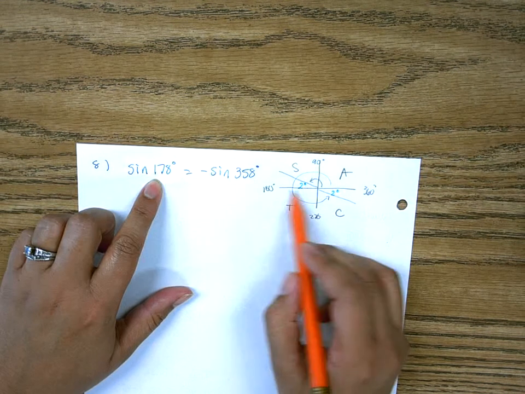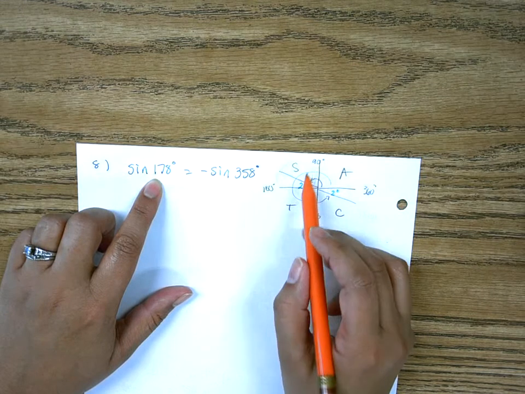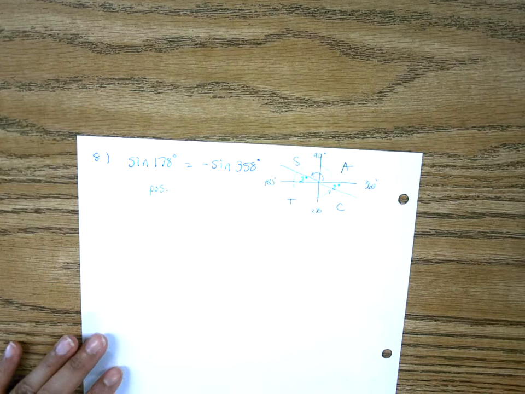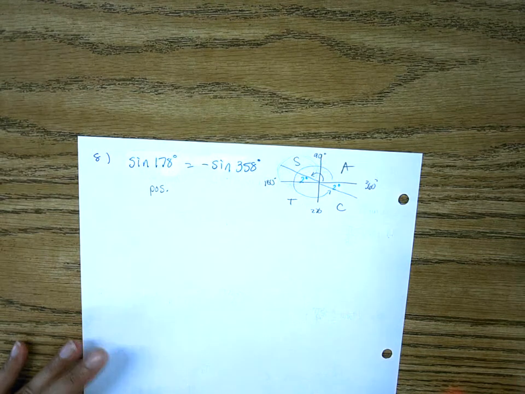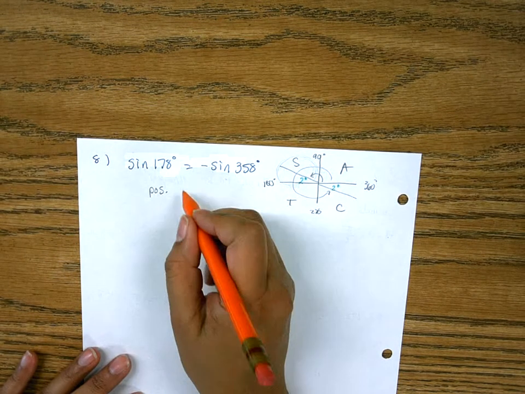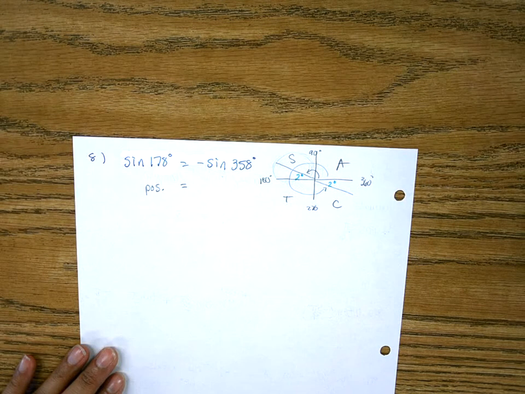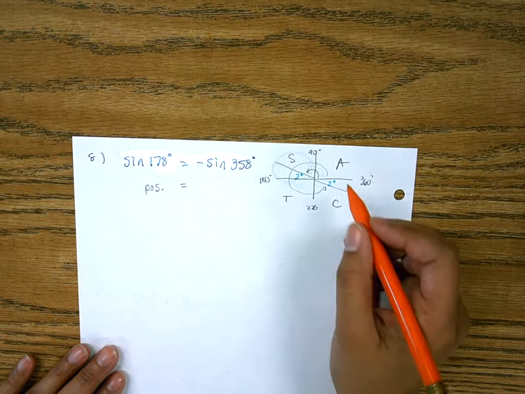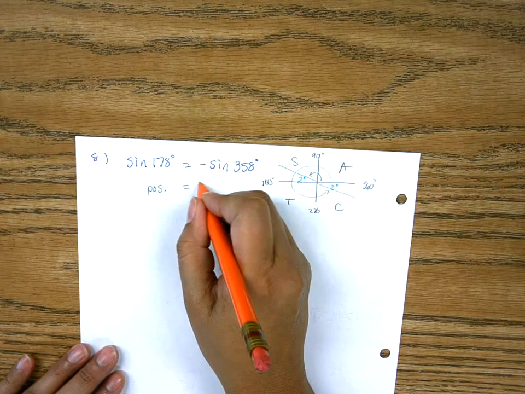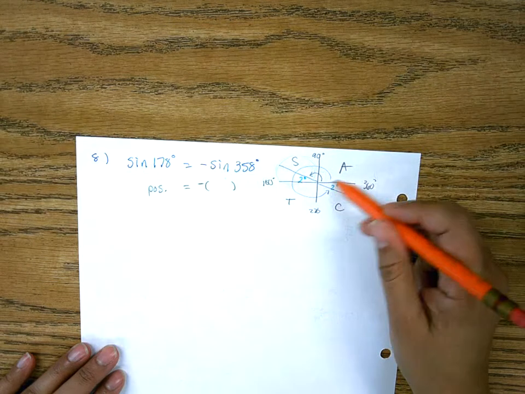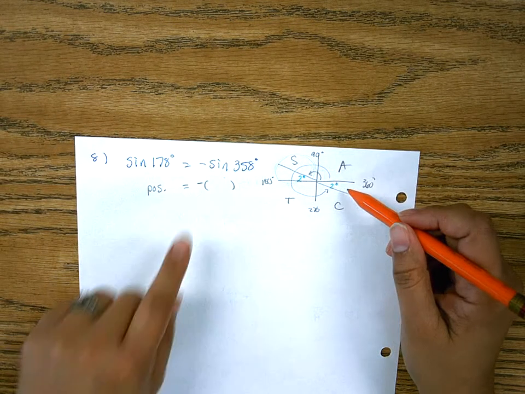All students take calculus. For the sine of 178, I don't know what the answer is going to come out to be, but I know it's going to be positive. Okay, positive something. We can't use our scientific calculator, so we cannot plug it in. Next one, sine of 358 is over here. I'm going to put opposite of whatever I get.